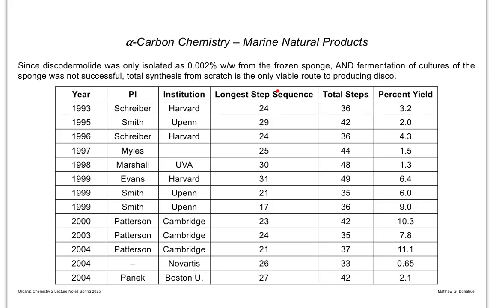You can see the longest linear sequence, 29 being the highest here, so 29 sequential steps. Total steps, 49. The overall yields are pretty low, but still, if you ultimately get, say, a gram of this, divide a gram by like 5 nanograms, that's quite a lot of doses, right? So you can do a lot of clinical studies with it.